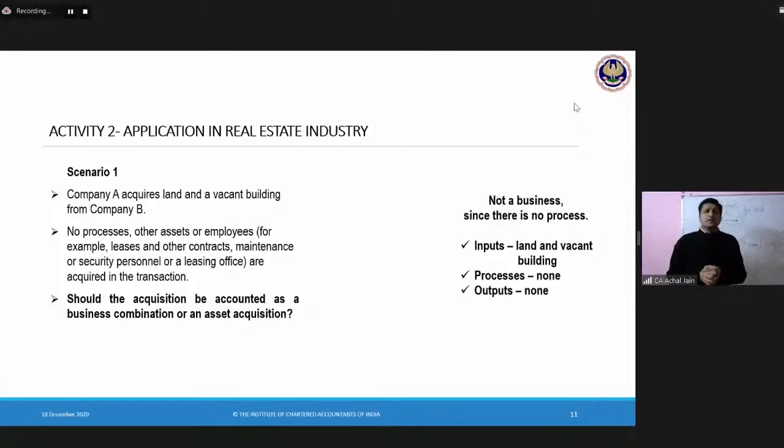Company A acquires land and a vacant building from company B. No processes, other assets or employees, for example, lease and other contracts, maintenance or security personnel or a leasing office, are acquired in the transaction.